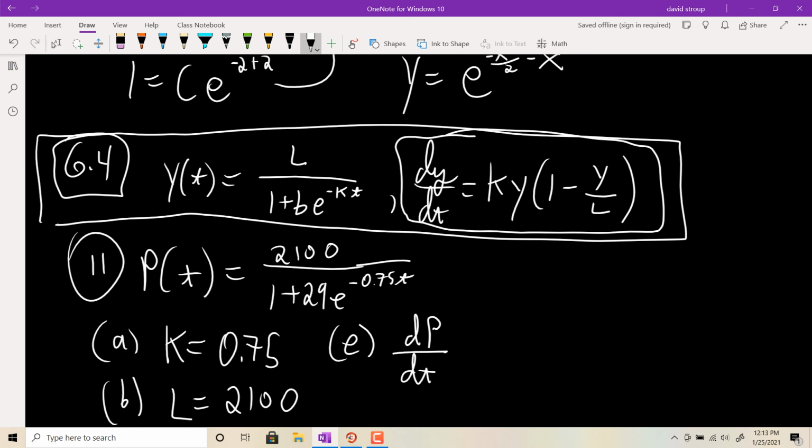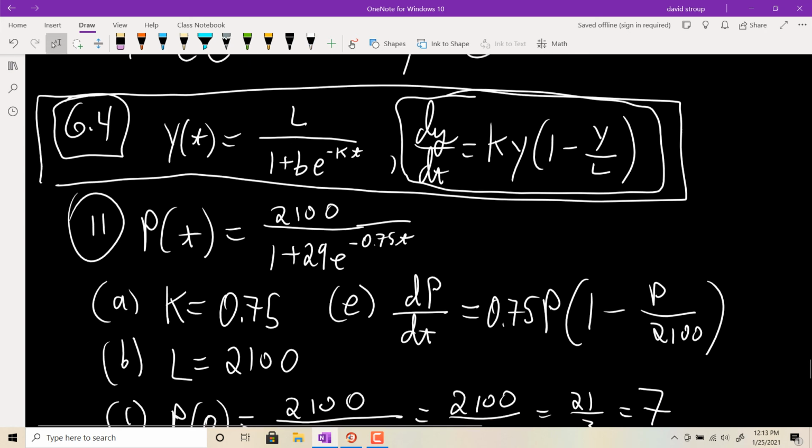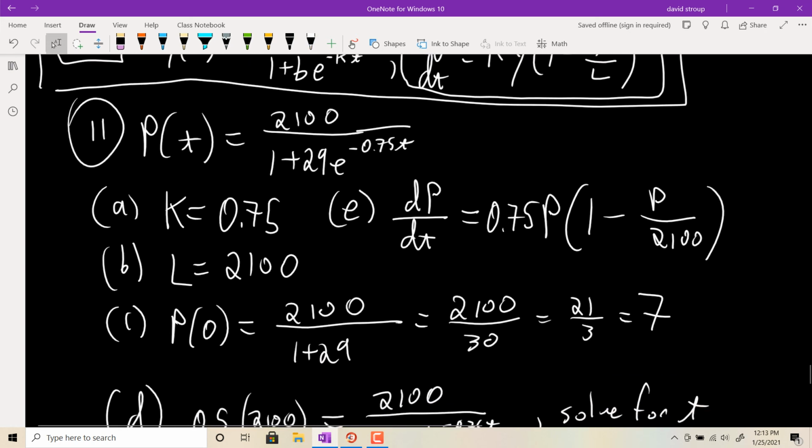You got to use a capital P. Okay, so it'll be K, which is 0.75, times, instead of y, P, times 1 minus P all over the limiting population, which is 2100. So that'll be your logistic differential equation. Okay.